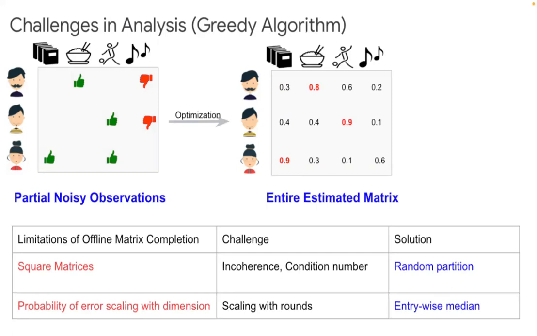We can repeat the exploration component a couple of times to get several estimates of the true reward matrix. Once we have the several estimates, we can go to each entry and take the median across all the different estimates for the same entry. And such an operation improves the quality of the estimate significantly. The probability of failure is much smaller.